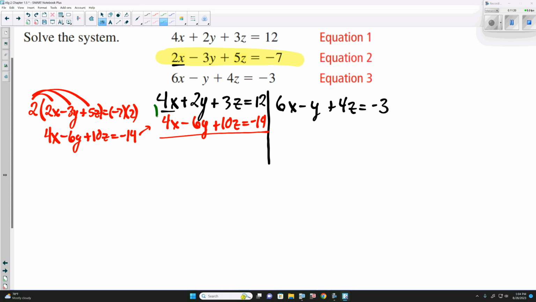So we could try adding first, because 4x plus 4x is 8. But if we wanted it eliminated, we need it to be 0. So addition didn't work. So we can try subtraction next. 4x minus 4x. 4 minus 4 is 0. So we would need to subtract.